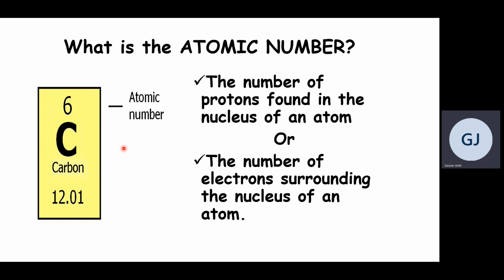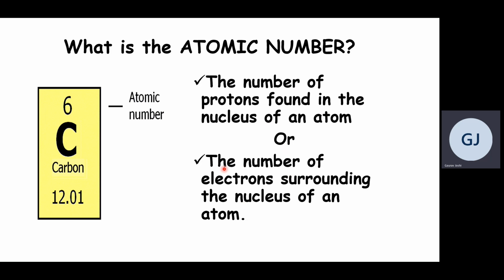around the nucleus. So basically, the number of protons found in the nucleus of an atom is equal to the atomic number, or we can say the number of electrons surrounding the nucleus of an atom in a native atom where there has been no transition of electrons.